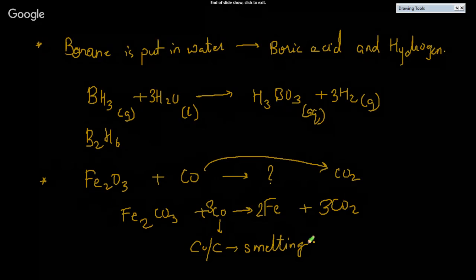So Fe2O3 plus thrice of CO gives twice of Fe and 3 CO2. That's correct, 6 and 6. So oxygens are balanced, carbon is balanced, and iron as well is balanced. Perfect. I think that's the right answer.